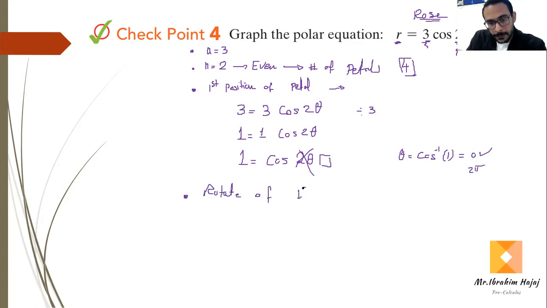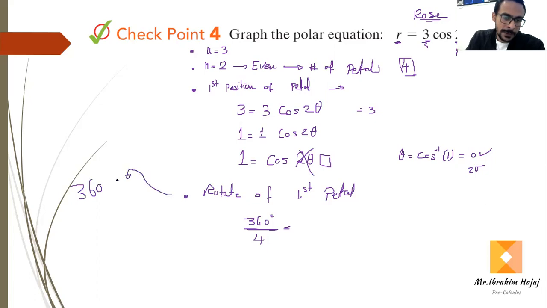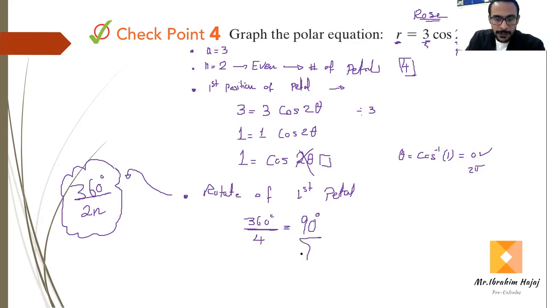The rotation of the first petal is 360 degrees over 4 petals, 2n, equals 90. The rule of this step, guys, is 360 degrees all over 2n. It equals 90 degrees, or pi over 2.